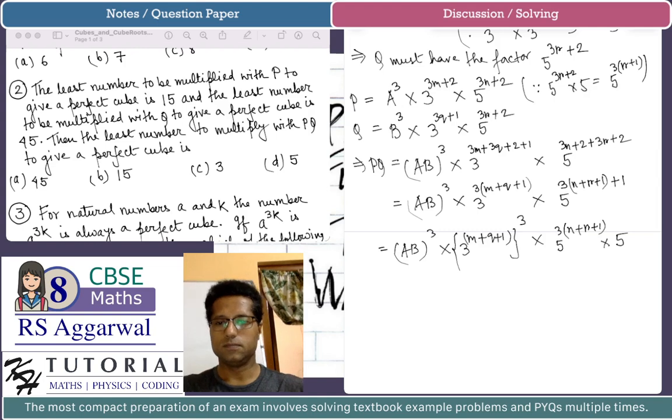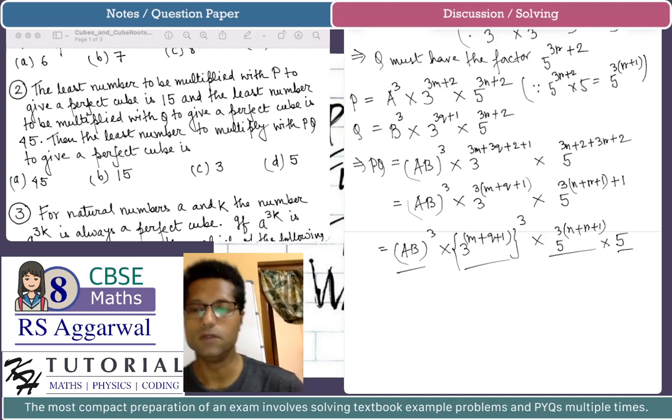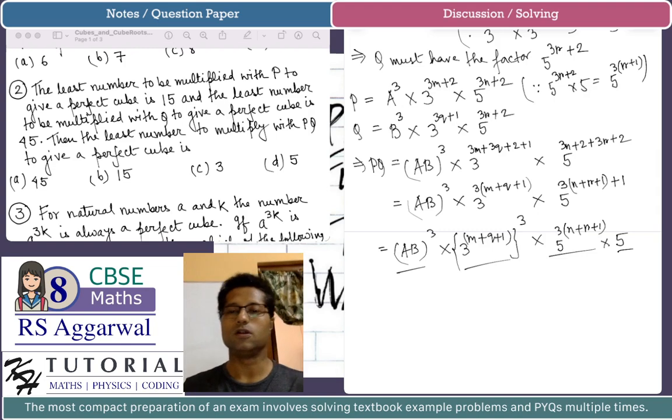Now this expression will form triplets of equal factors perfectly. So this 5 is the only factor which will not be a part of a triplet in the number PQ.